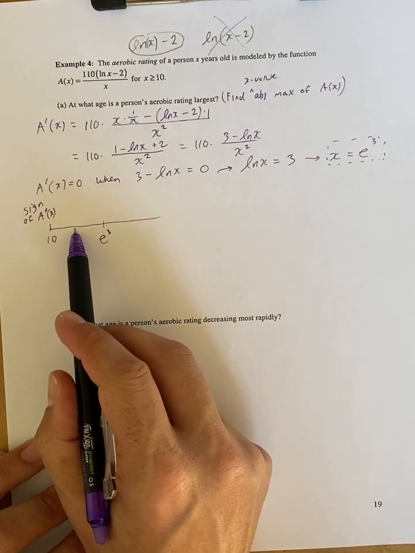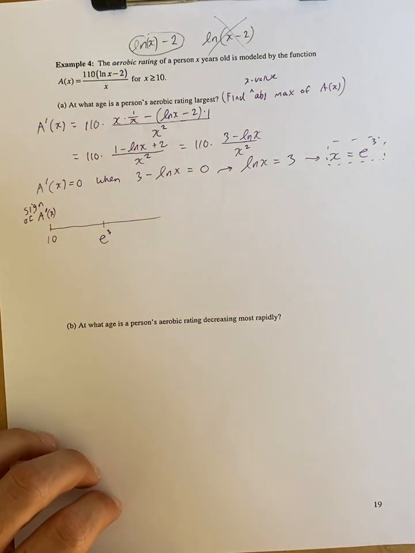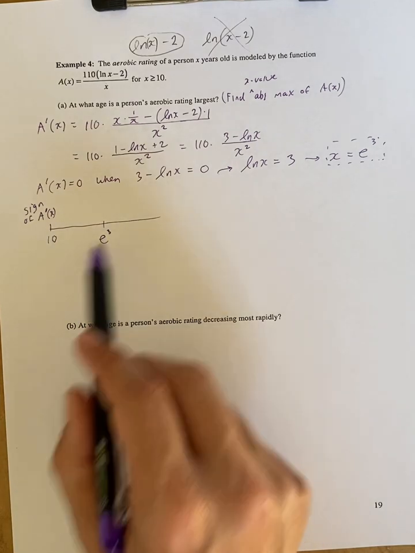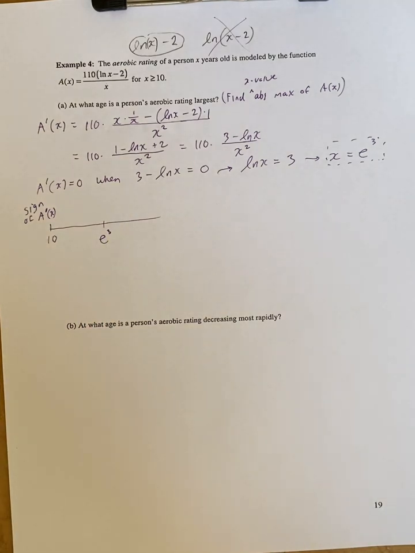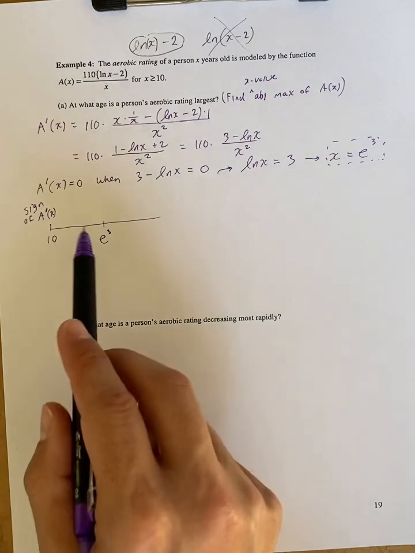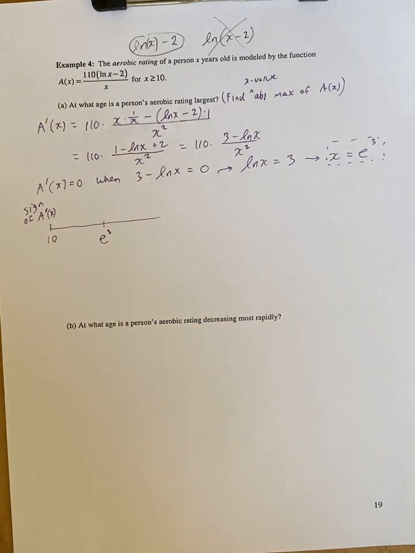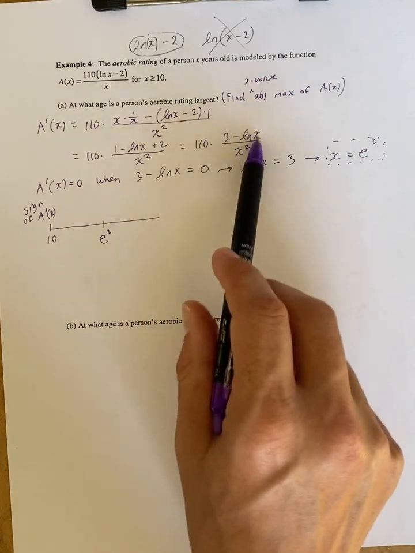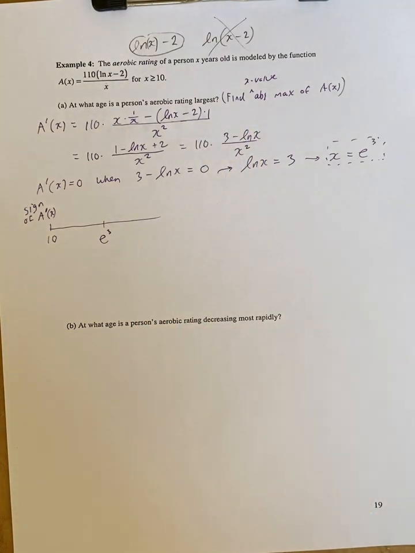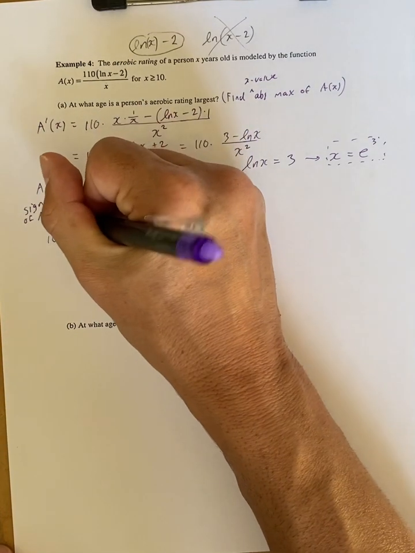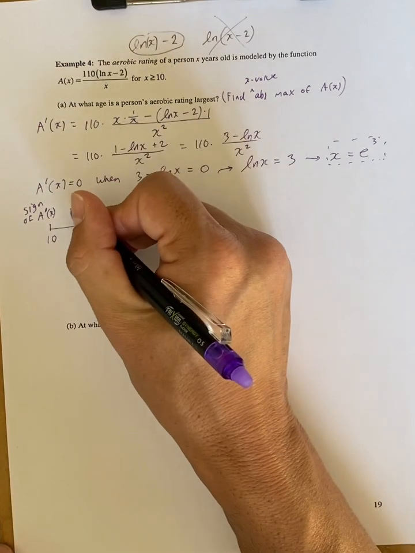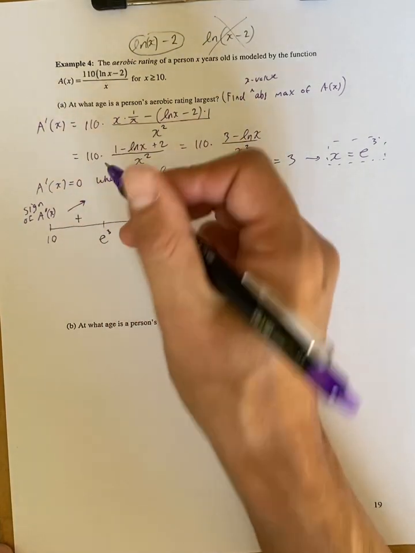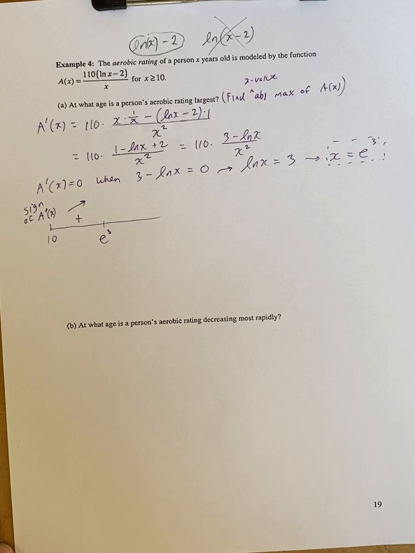So pick a number between 10 and e cubed. For reference, what is e cubed? If you plug it into your calculator, you'll see that it's a little bit more than 20. So you could pick a number like 11 or 12 or 17, plug it into the derivative, and you'll find the result is positive. So that means that the function A of x is increasing on this interval, meaning the person's aerobic rating is increasing.